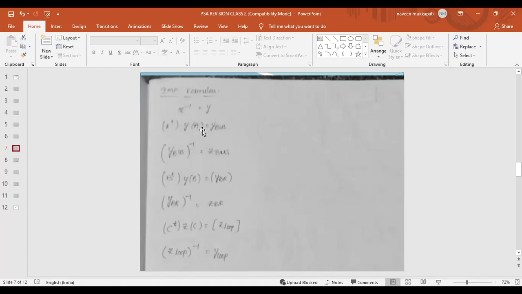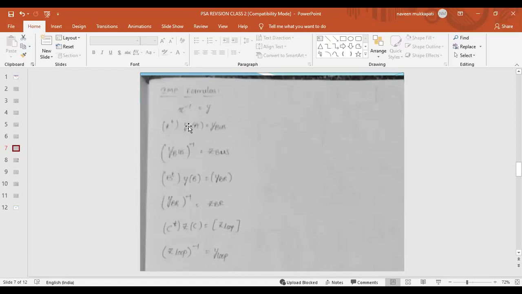By using the single line diagram, first we draw the oriented graph. Then observe how many elements and how many nodes there are, and we find the Y matrix by using that oriented graph.